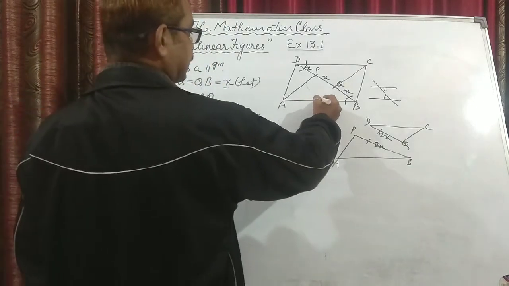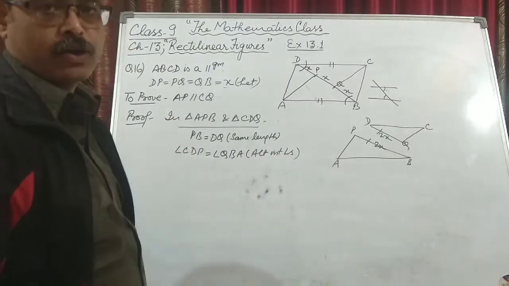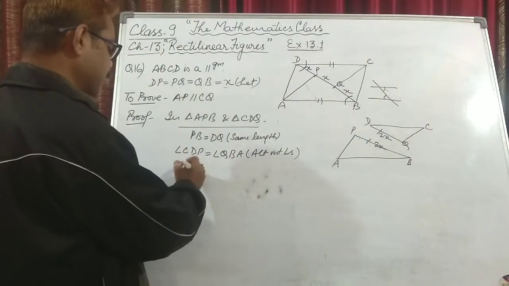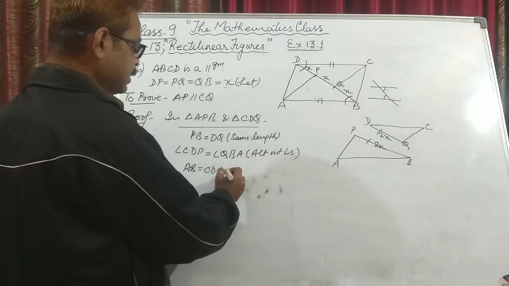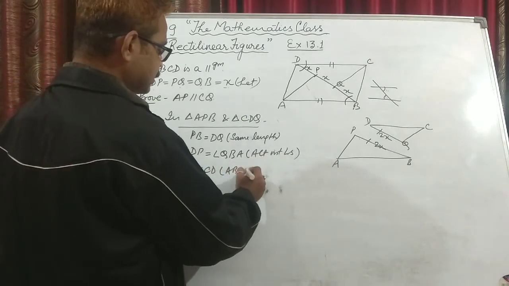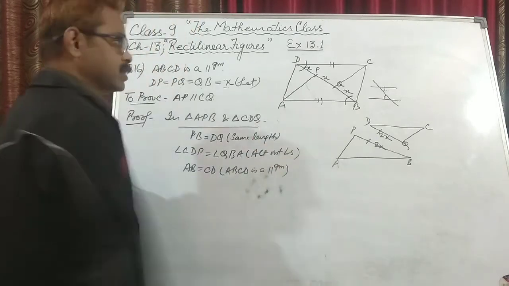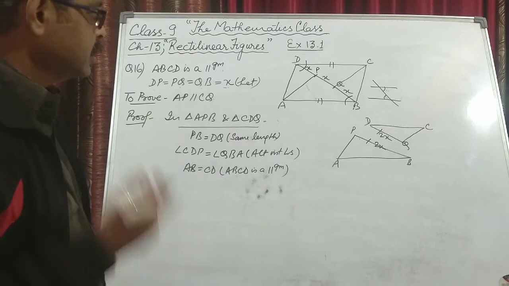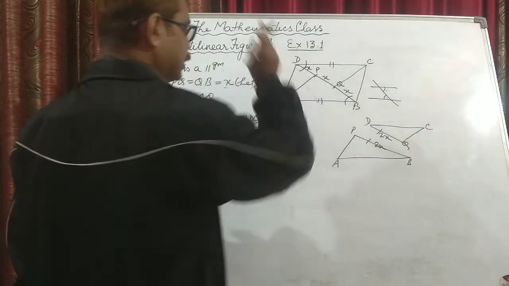Third point, we can say that AB and DC are equal because AB and DC are opposite sides of a parallelogram. So AB is equal to CD. Since ABCD is a parallelogram, you can also write that opposite sides of a parallelogram are equal and parallel. So AB and DC are equal.